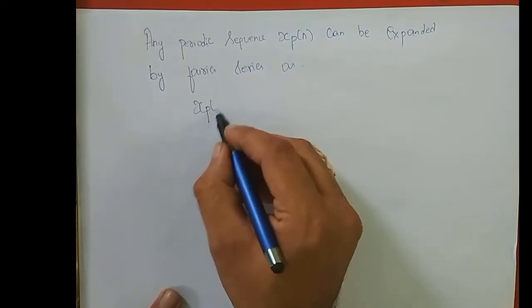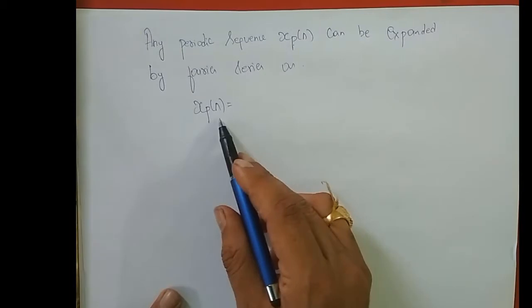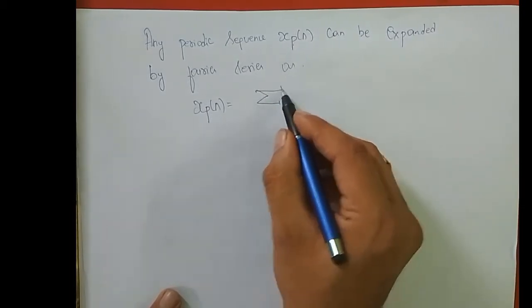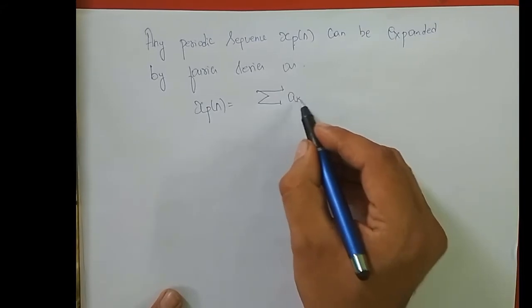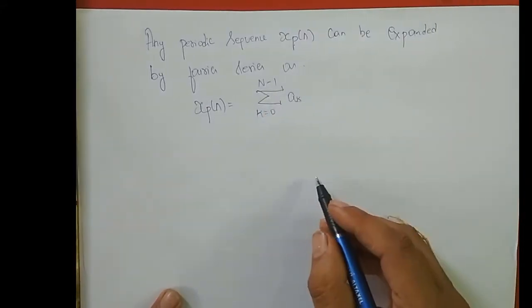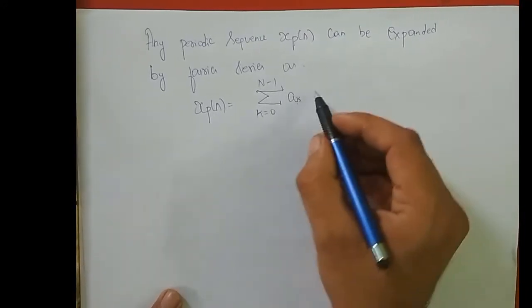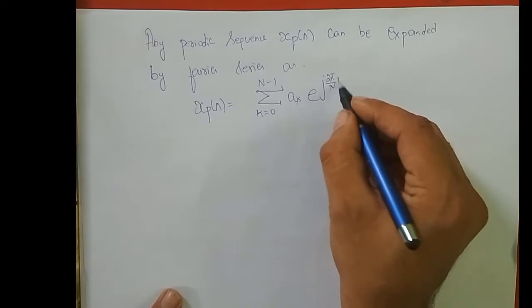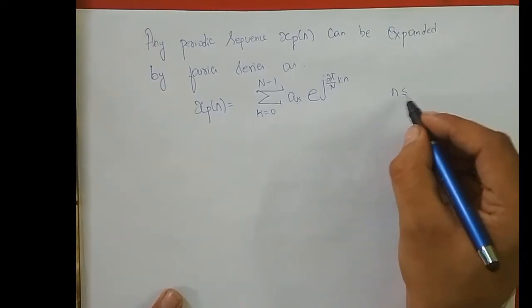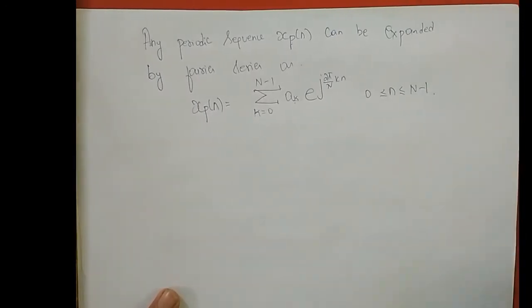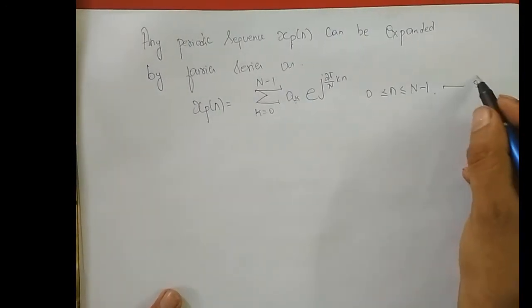So x p of n is a periodic signal, right? So I can expand it in Fourier series as summation a k, where a k is the Fourier coefficient and k is varying from 0 to N minus 1. So we have totally N Fourier coefficients. So e power j 2 pi by N into kn, where n is also an integer varying from 0 to N minus 1. We'll call it equation 5.